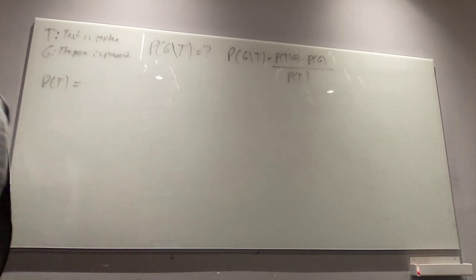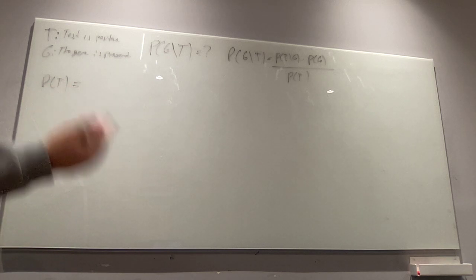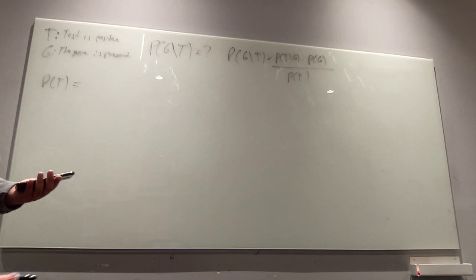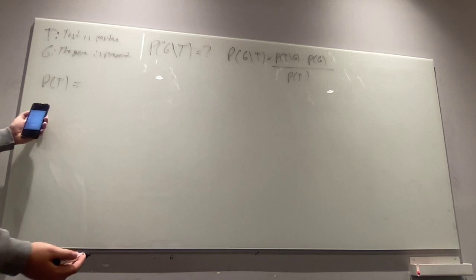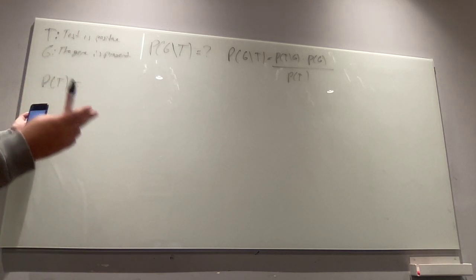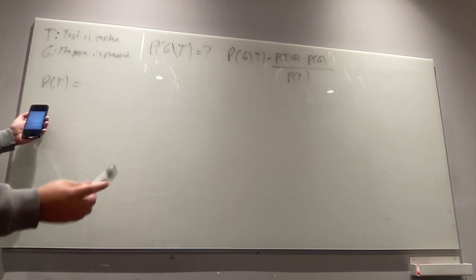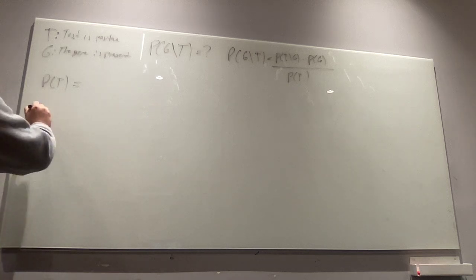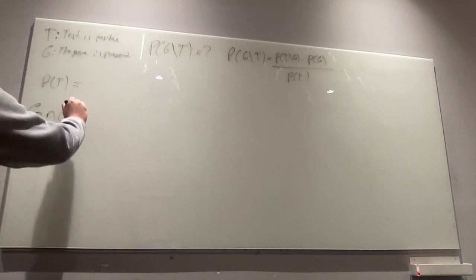is, the gene can be present or cannot be present. So giving a positive signal is connected to events that constitute a partition, that is G and G complement.